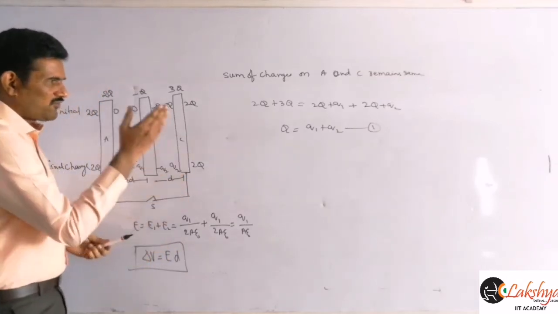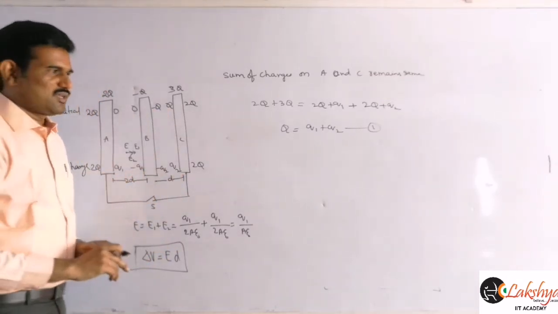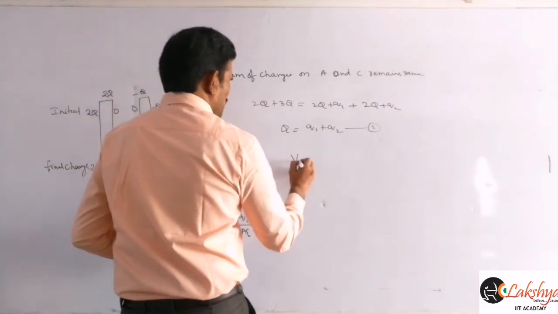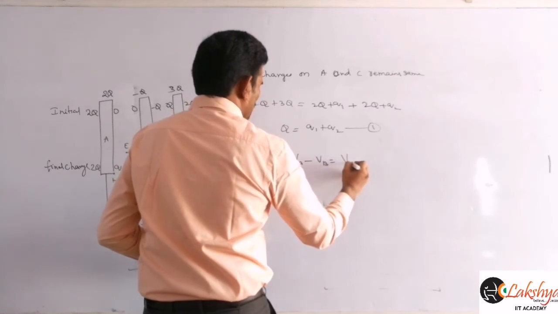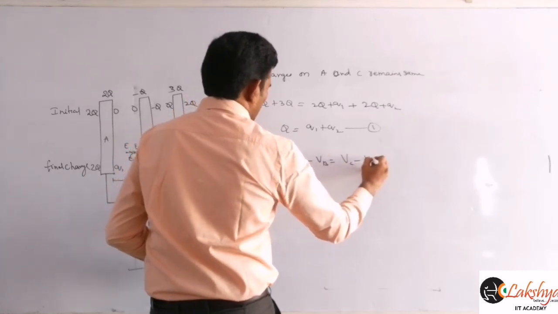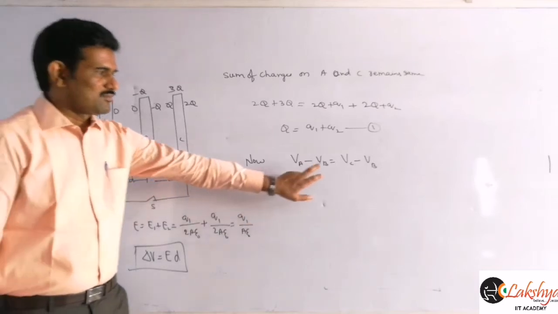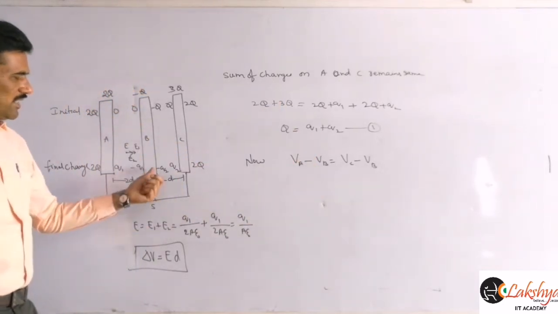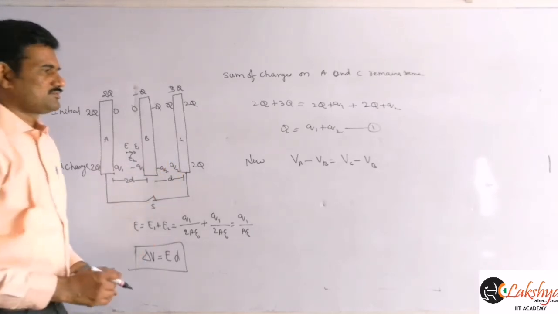That means after writing this relation, we need to use the potential difference relation. So the potential difference between A and B is the same as the potential difference between C and B. And here the order is also important. If on this side you are writing A and C, then on this side you need to take C and B only, right?